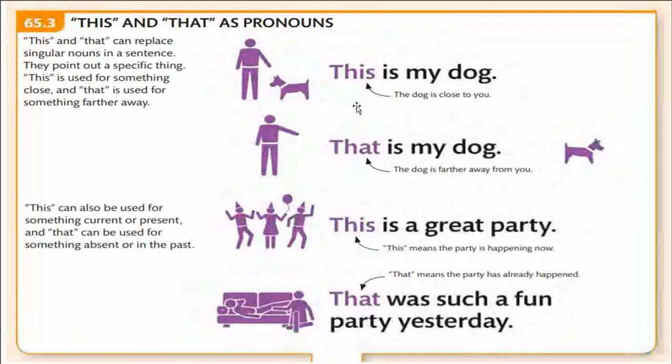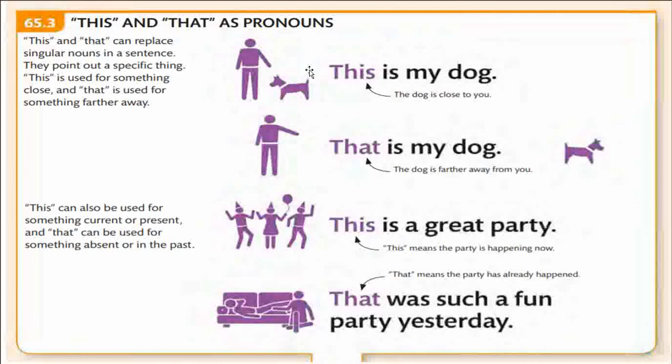Now, if I were to replace the word this, I would have used the word it. It is my dog. But instead of that, I'm using the word this. This is my dog. So the word it was a pronoun. I have replaced it and used the word this.